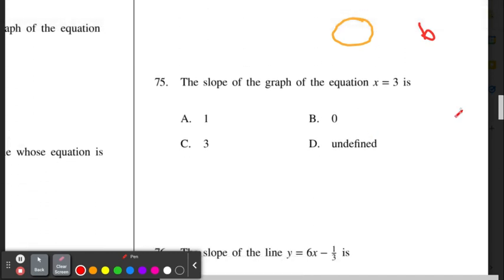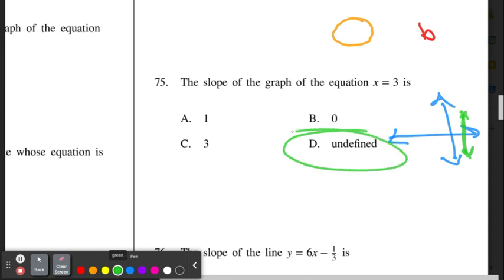So 75 says the slope of the graph of the equation x equals 3 is, so if you graphed this, it's a really bad graph. X equals 3 is a vertical line. So it looks like that. And if you try to find the slope of that, there is no way you can graph that on your calculator.